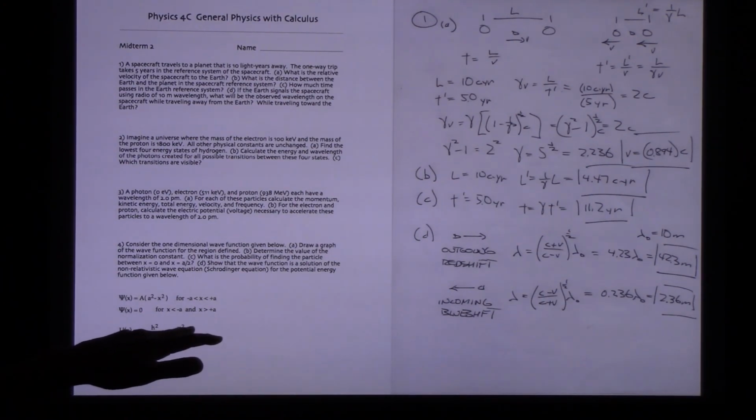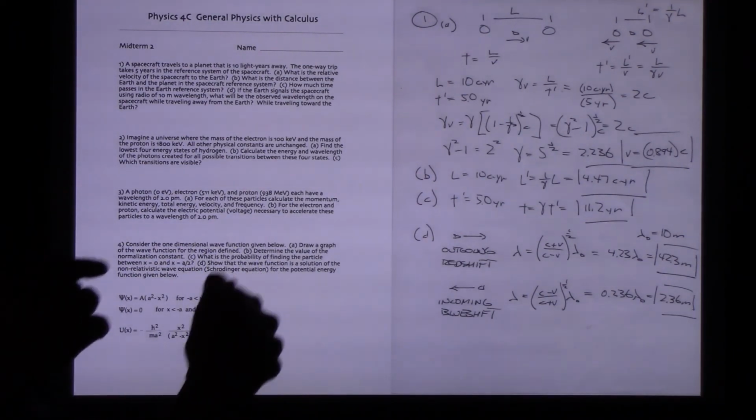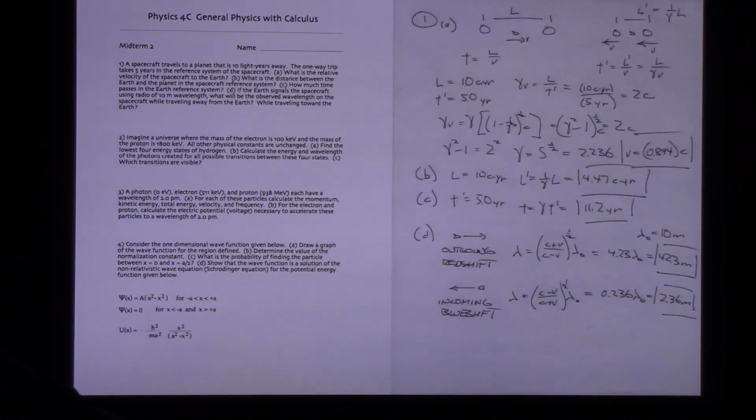Being able to take a wave function and normalize the wave function, find out how much energy that corresponds to. That's kind of a list of items from chapter 38 that are good to focus on. There should be some good examples in the homework and in the lecture examples.